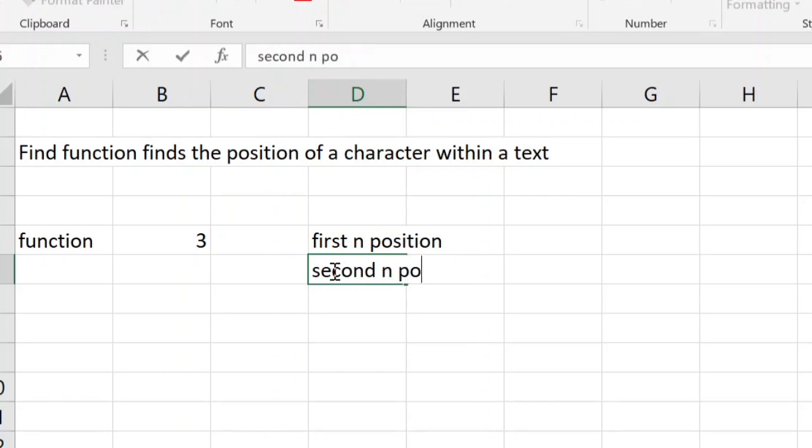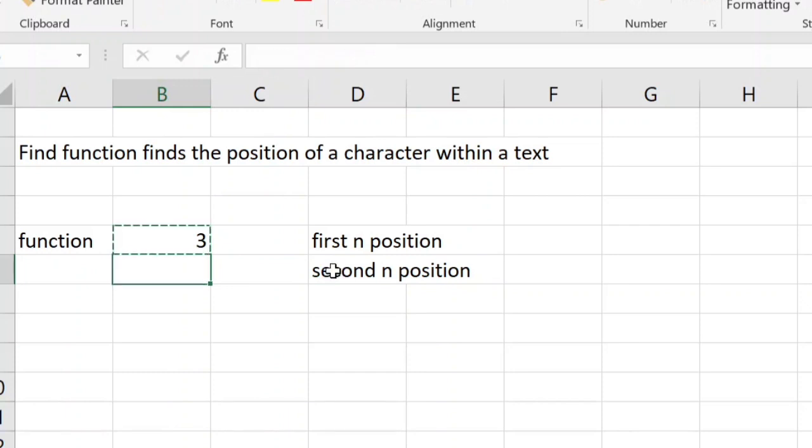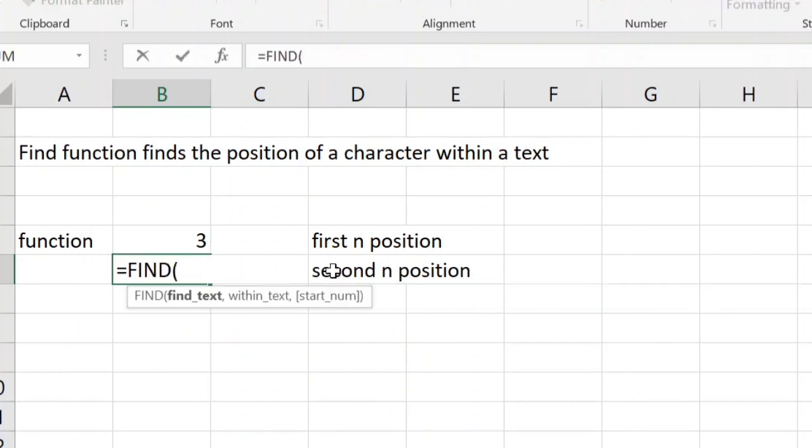Now we want to find the second n position. What will we do? First let's copy this formula and paste it. We write find text n within text this one, and then start num. What should be the start num?